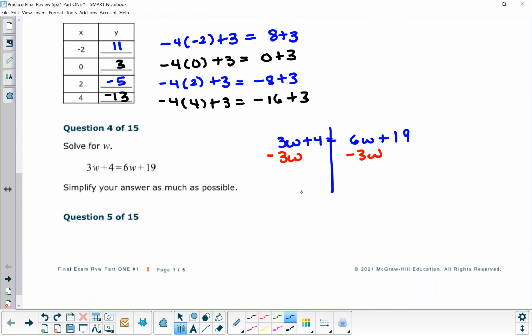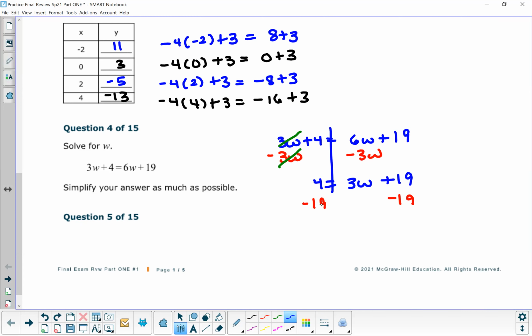So that's going to give me 3w minus 3w is eliminated. And then I get 4 equals 6w minus 3w is 3w, and then bring down the plus 19. All right, I'm going to put my constants on the left side, so I'm subtracting 19 on each side.